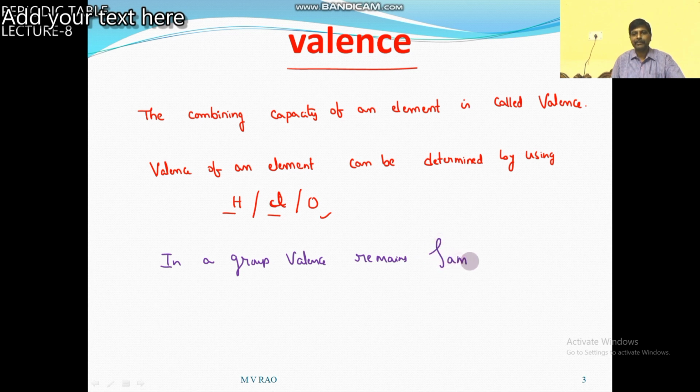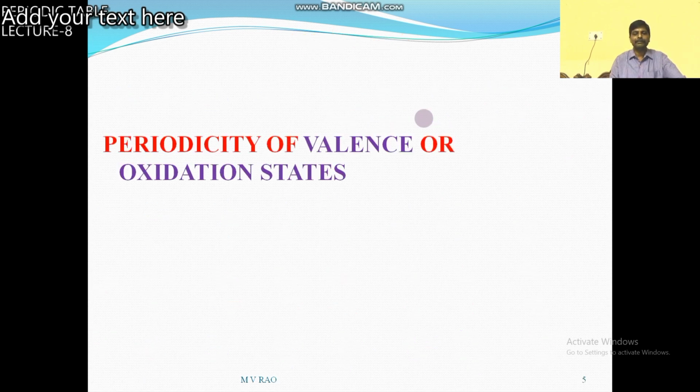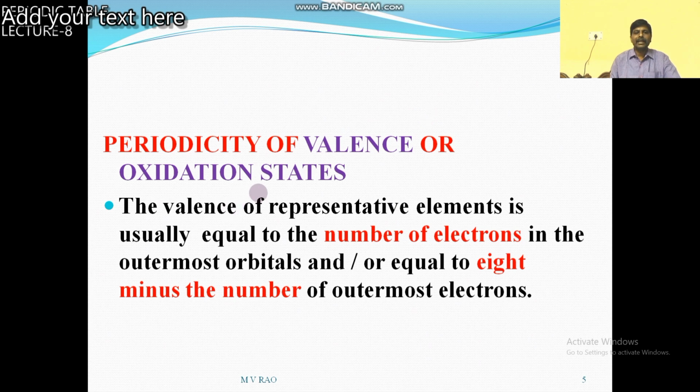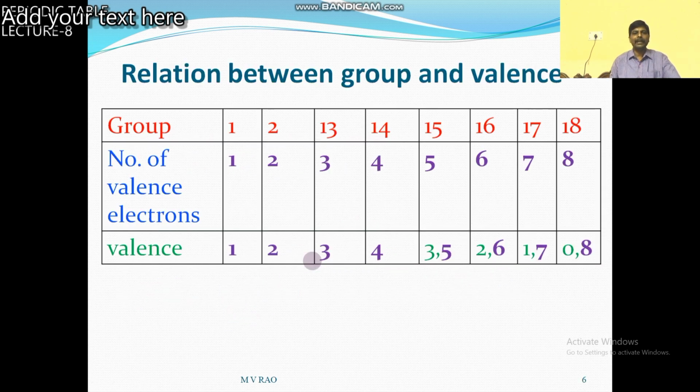In a group valency remains the same; in a period it increases and decreases, or with respect to oxygen only increases. In other words, the valency of representative elements is usually equal to the number of electrons in the outermost orbitals, or equal to 8 minus x, or x.